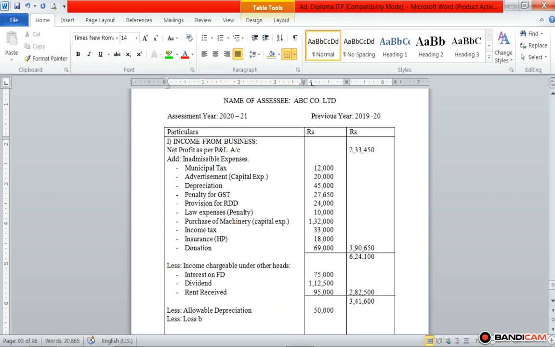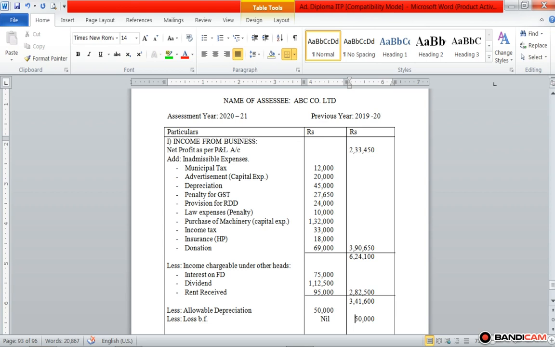Less loss brought forward. So loss brought forward is not given, so the amount column is nil. Then we deduct the 50,000 from 3,41,600.